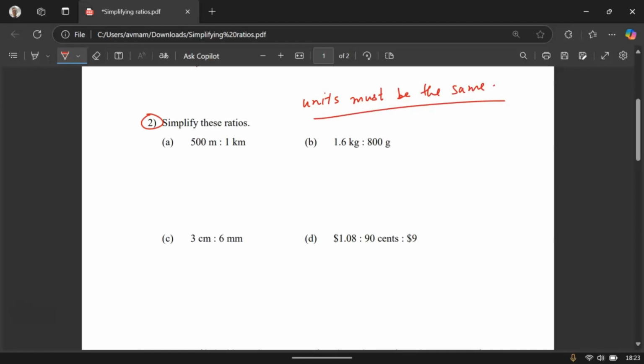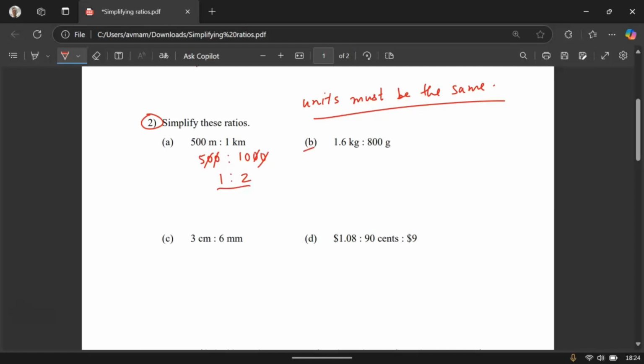So let us change 1 kilometer to meters, and that will give us 500 to 1000. Cancel the 2 zeros and then the 2 zeros. So 5 to 10 is 1 to 2. When we are writing ratios, there is no need to write the units in our answer. So 1 to 2 is the answer.